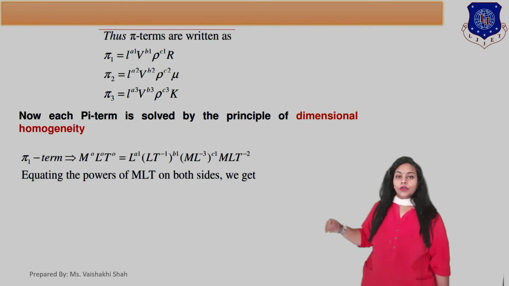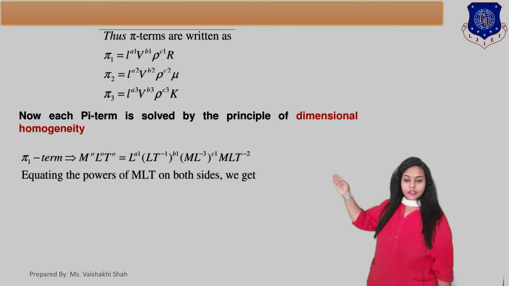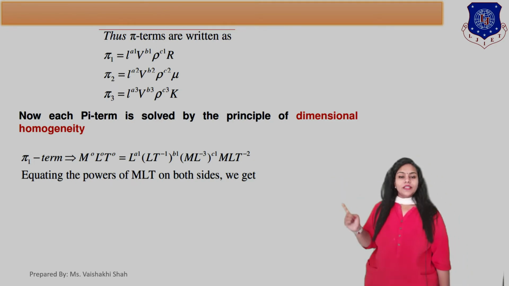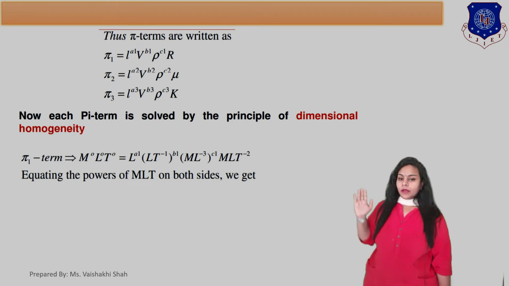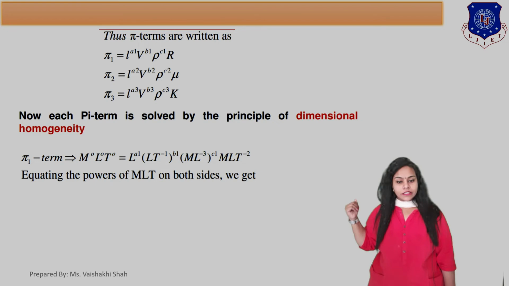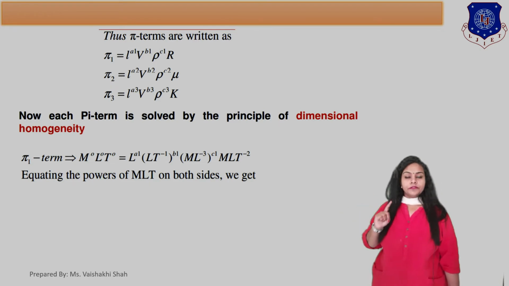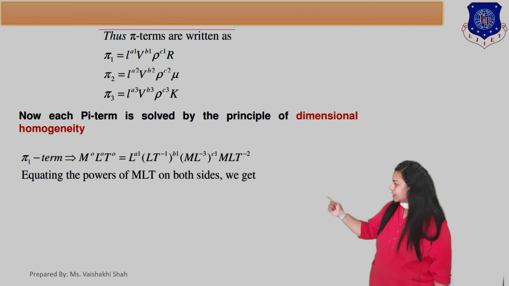So how? First, the π1 term. On the left hand side, that is M0 L0 T0, because pi is dimensionless. In π1, on the right hand side, first there is a length, capital L raised to a1.